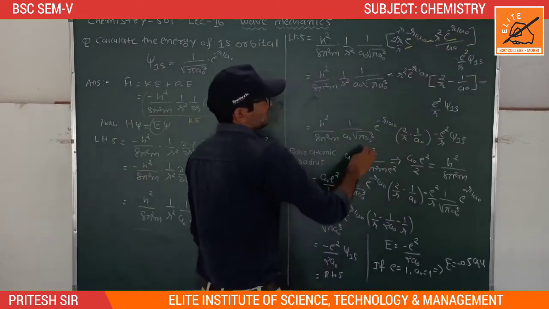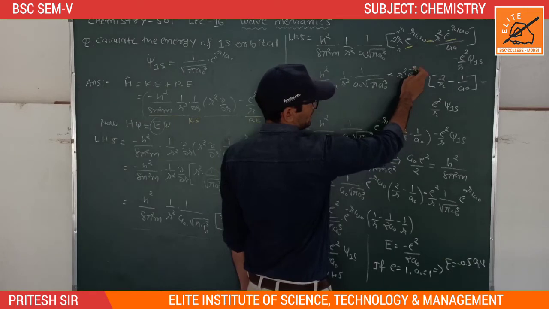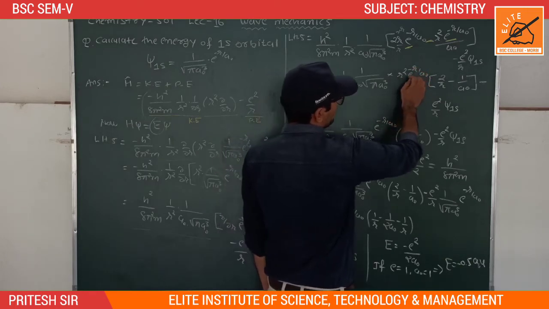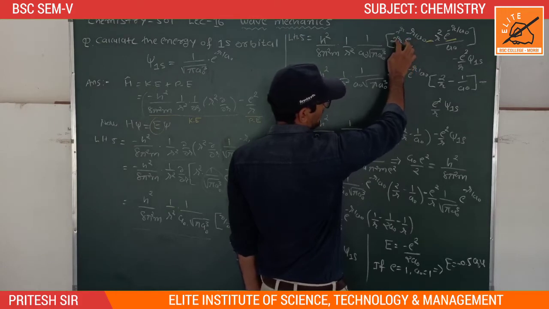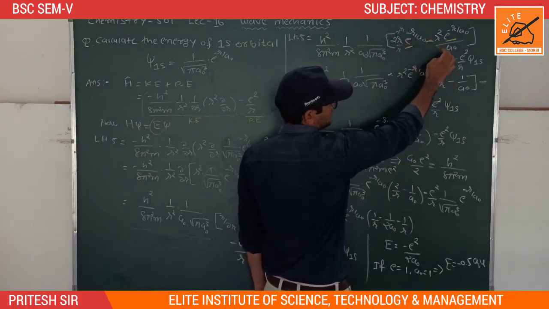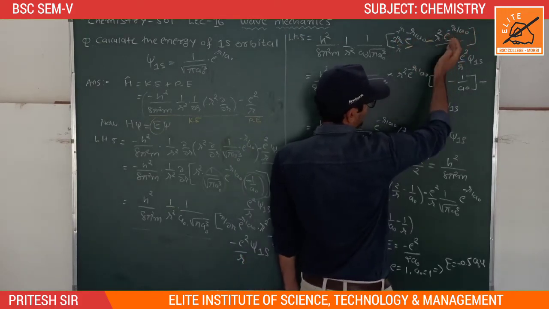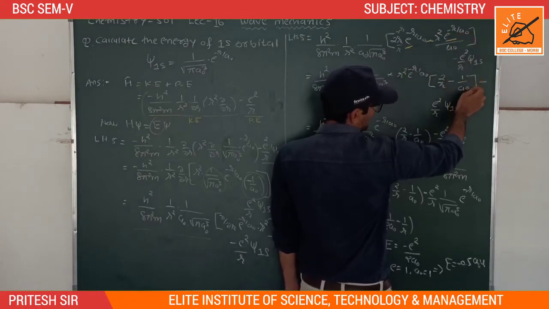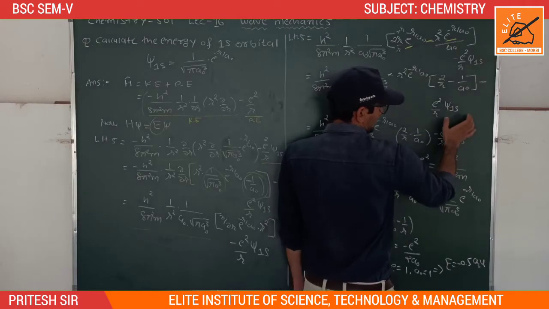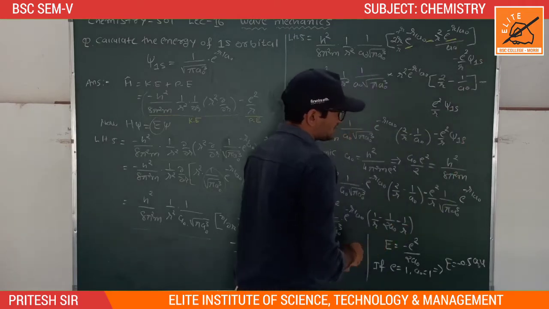Okay, so r square and minus 2r upon a0, at that time the remaining term is 2 upon r minus. Here this term is common out, so it will become minus a upon a0, and this term remains as it is. Okay, so this is the potential energy term.